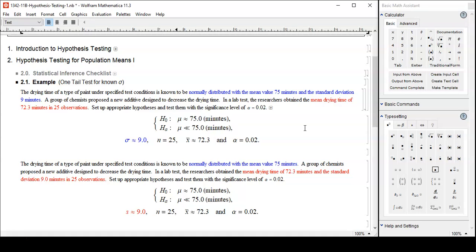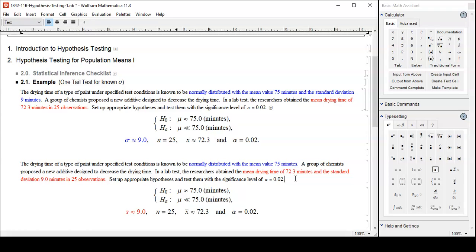I just placed it in the right place. Normally distributed with a mean value of 75 minutes and a standard deviation of 9 minutes. It came with a null, not from the sample. So this is sigma. Now go down here. I changed the problem a little bit. Normally distributed with a mean of 75 minutes.